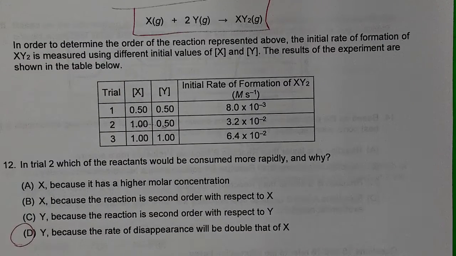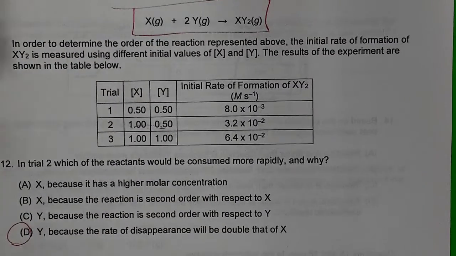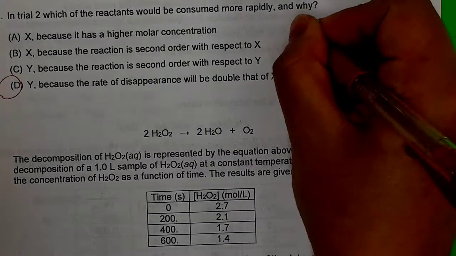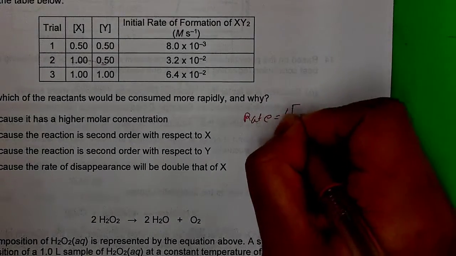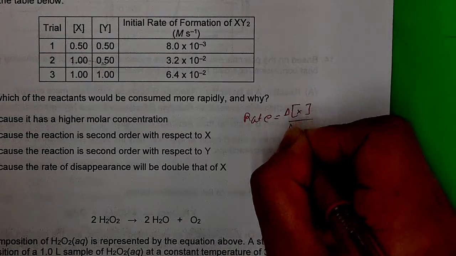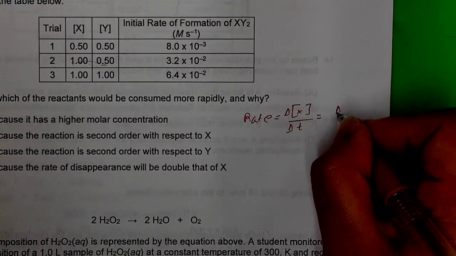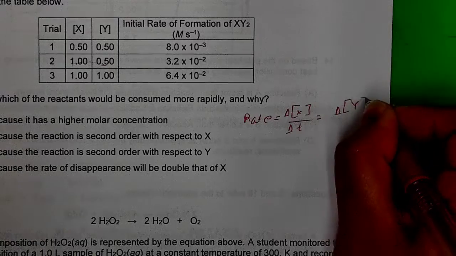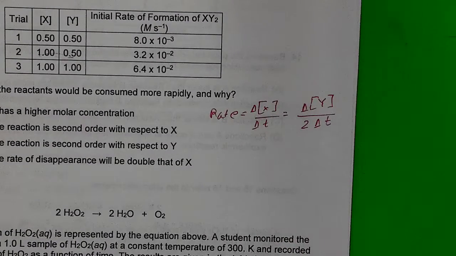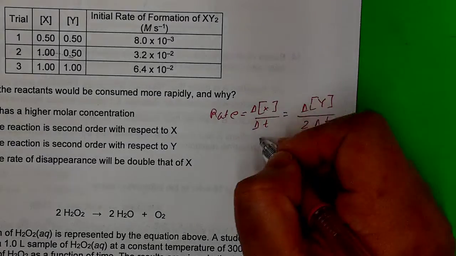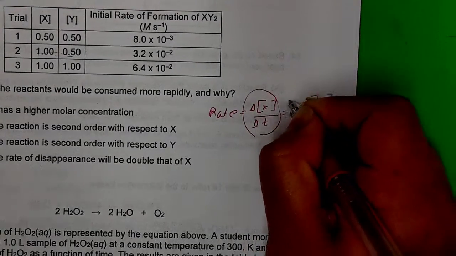Now if you want to solve for it, you can also do it this way. Rate is equal to the change in concentration of X over change in time, which is equal to, hold on, 2 times delta t, like that. But in this case, they are asking you to compare this and this.